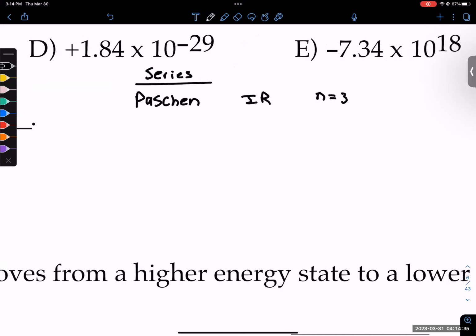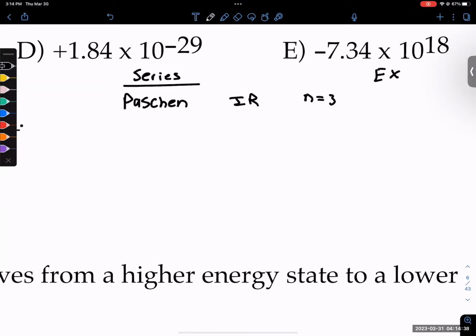So for example, here we have the EM region, and this is our final n. The example would be like going from n equals 10 to n equals 3. That would be an example of a Paschen series transition.